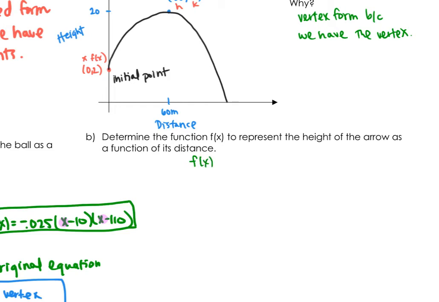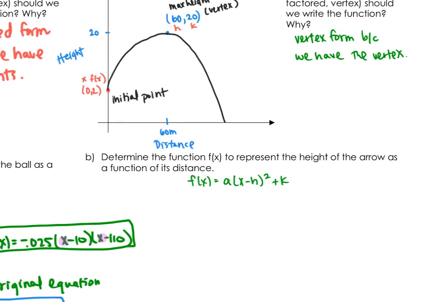It's f of x equals a times x minus h squared plus k. First of all, plugging in our vertex, we have h, which will plug in there, and we have k, which will plug in here. So our equation is going to look something like this: f of x equals a times x minus 60 squared plus 20.